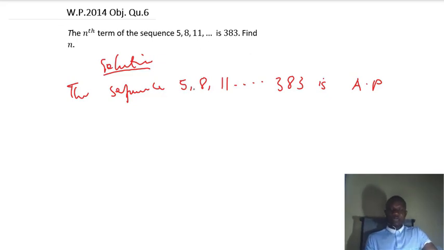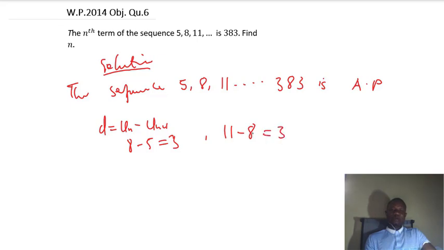When you look at it, the common difference between 5 and 8 is the same as between 8 and 11, because the common difference is equal to Un minus Un minus 1. So 8 minus 5 gives us 3, and the same thing applies to 11 minus 8, which also gives us 3. Because they all have a common difference, this sequence is an AP.